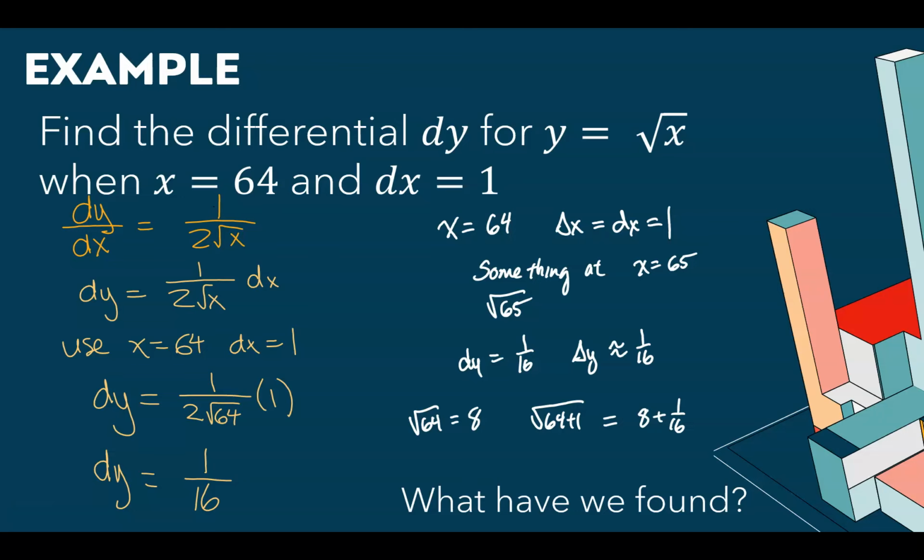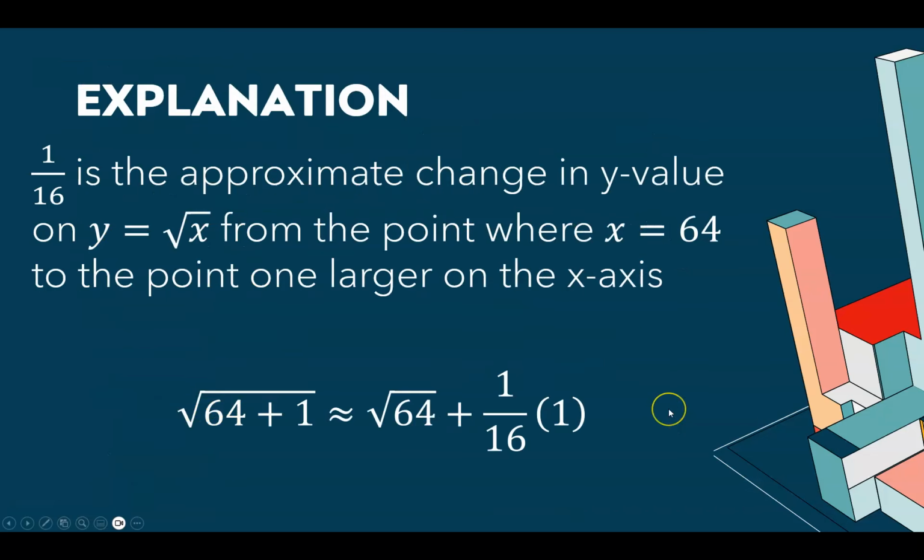And if you are in my class, we did this exact same problem when we did linearization, because this is the exact same process. We just did it without explicitly writing the equation of the tangent line. Okay, so if you want a type diversion, here you go. 1/16 is the approximate change in y value on square root of x from where 64 is, and, well, we said it down below earlier.